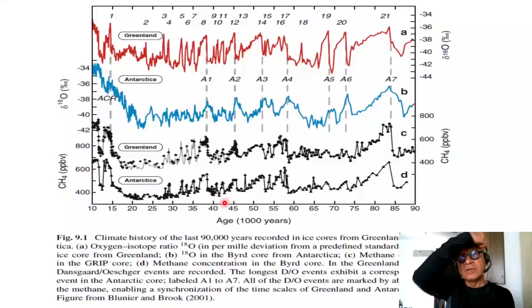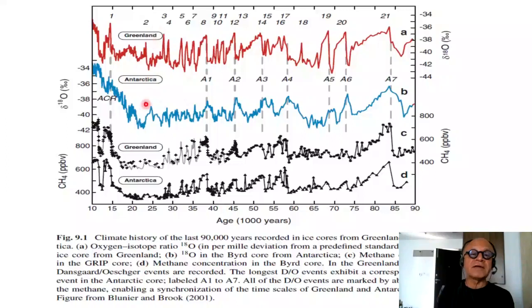So the main point again is that if you look at Greenland and Antarctica, there are times where there are correspondences between them. The same in methane, of course, not as clearly. So the integration time scale of various quantities can be different as you go to smaller and shorter time scales.